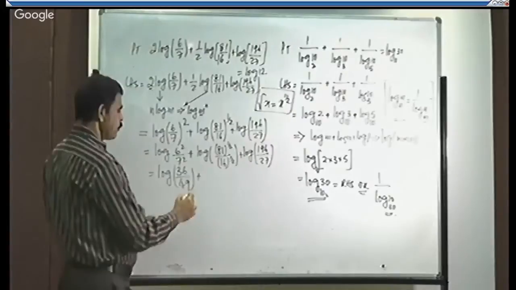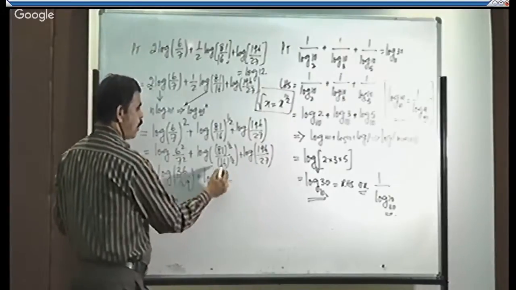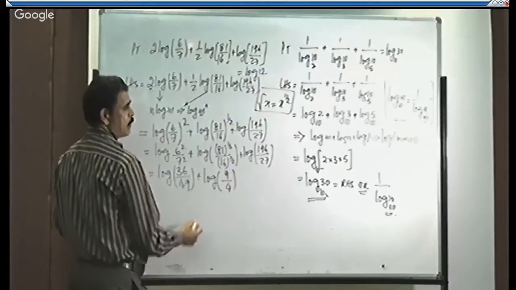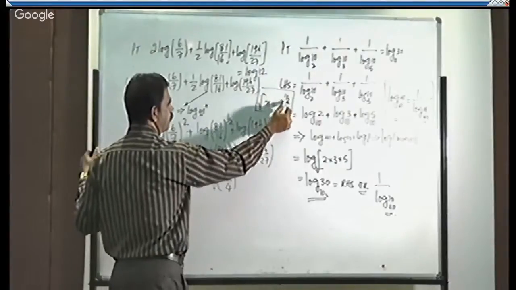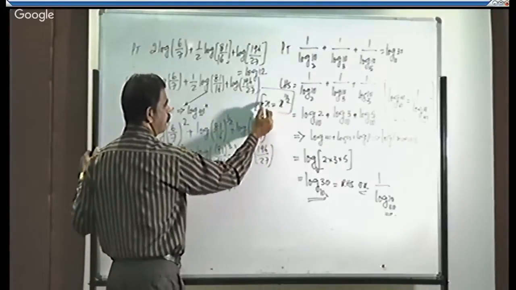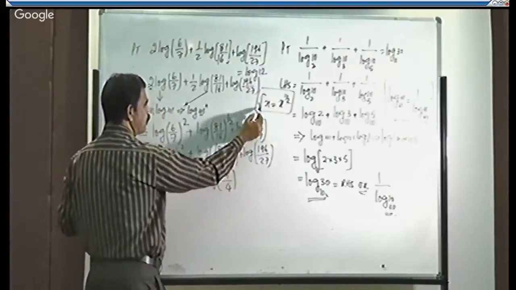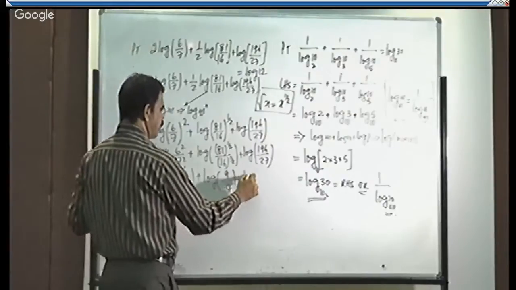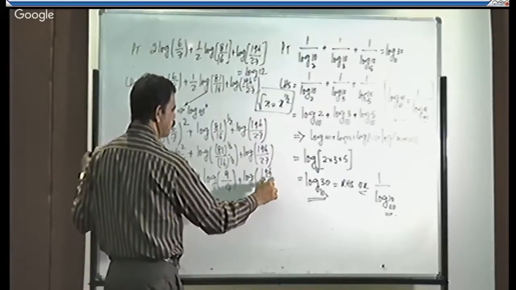Root 81 is equal to 9. Root 16 is 4. So 81 to the power of half is root 81, which is 9, like root 16 is 4, plus log of 196 divided by 27.